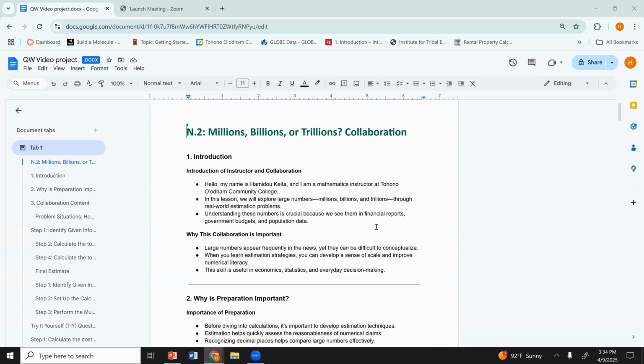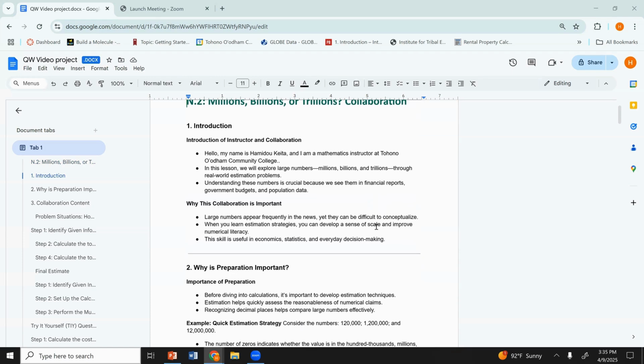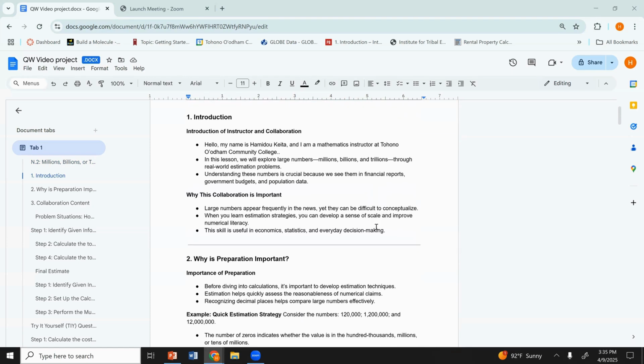So the goal is to explore these numbers and learn some quick way to estimate large numbers without punching in the exact number all the time. You can make some quick estimation with these numbers if you understand place values.